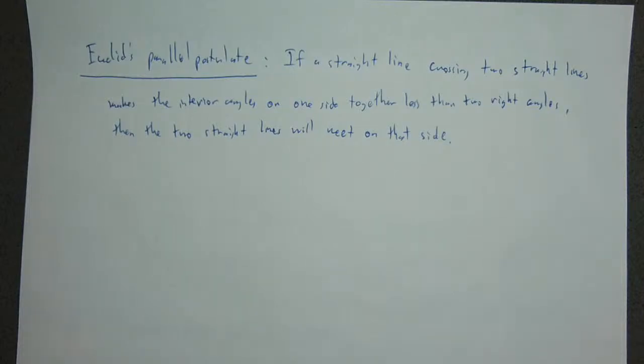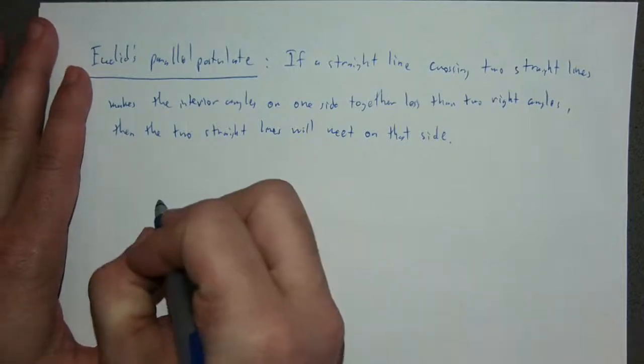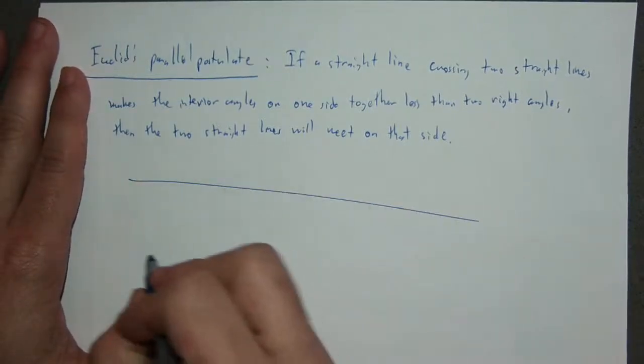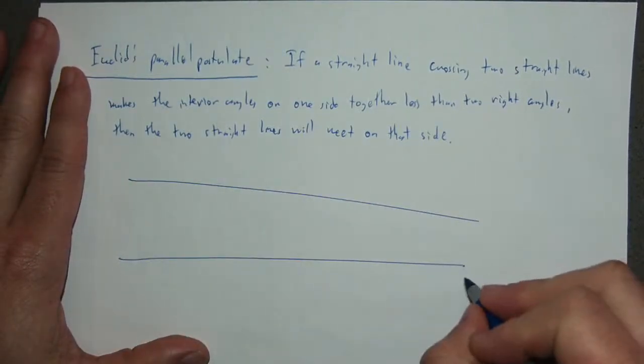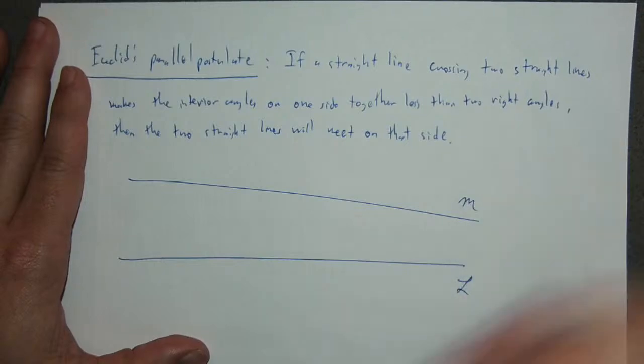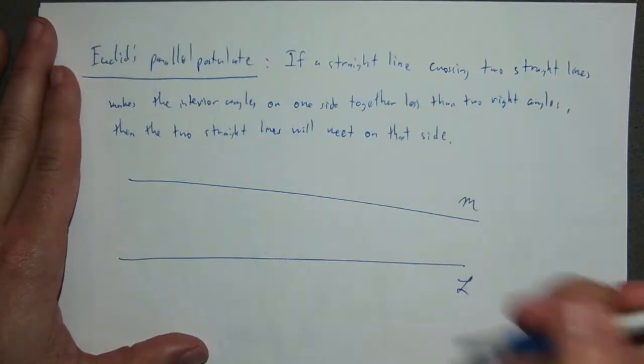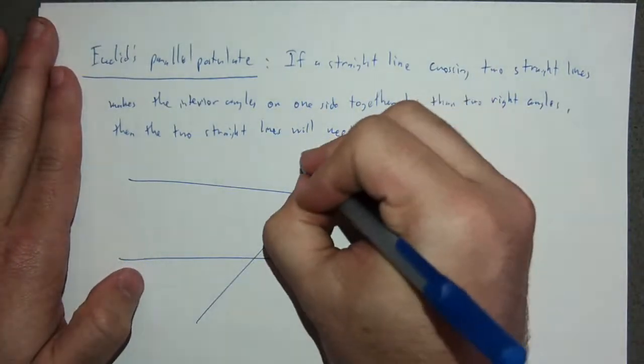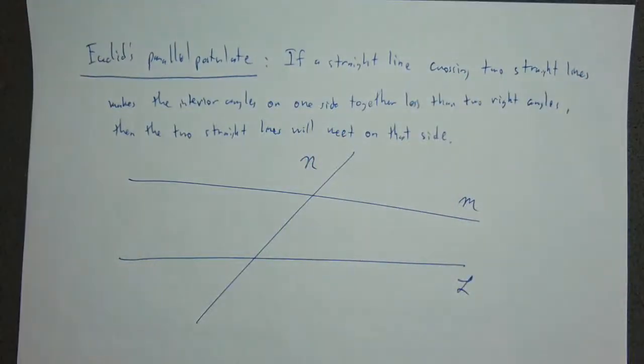But I want to draw this situation here. So I have two lines, we'll call L and M. Here's my line M, here's my line L, and I have a straight line crossing these two straight lines. So this is my line N.